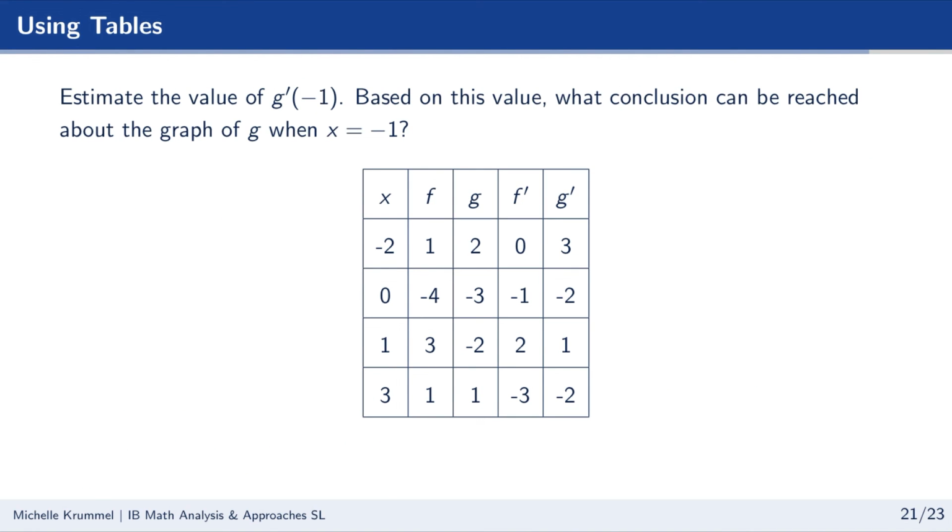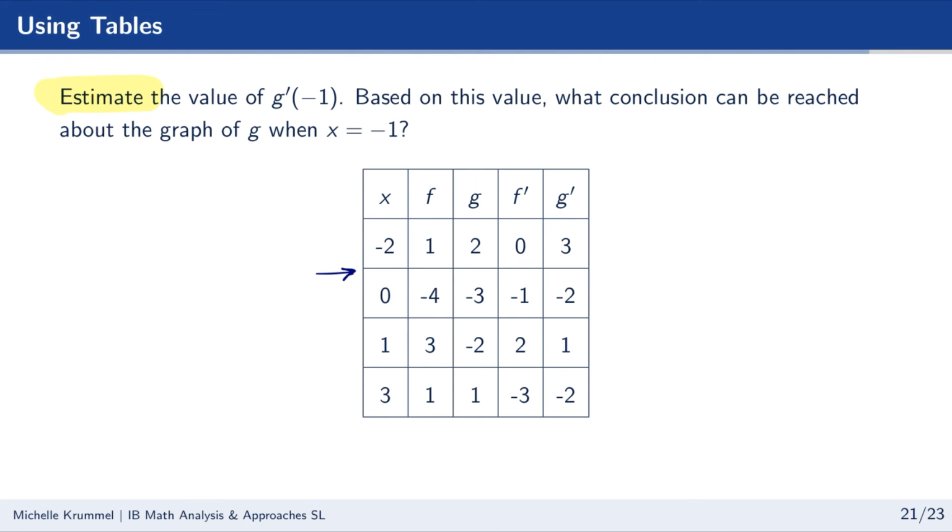Okay, last example. Estimate the value of g prime of negative 1. Based on this value, what conclusion can be reached about the graph of g when x equals negative 1? So it says estimate. Right away I notice that word estimate. So we're not going to be able to get it exactly, presumably, but we can get close. Well, we have negative 1 falling somewhere between negative 2 and 0.